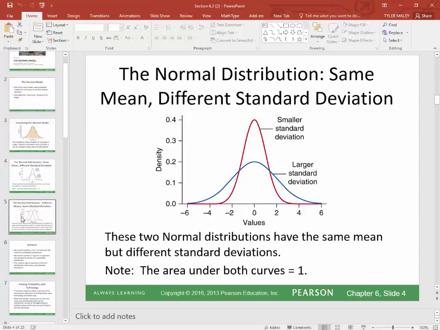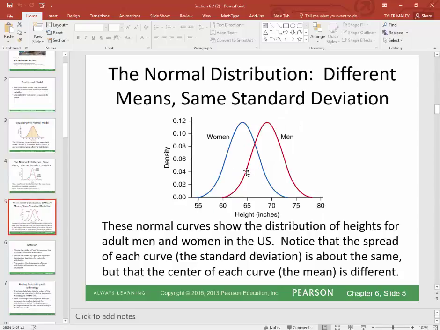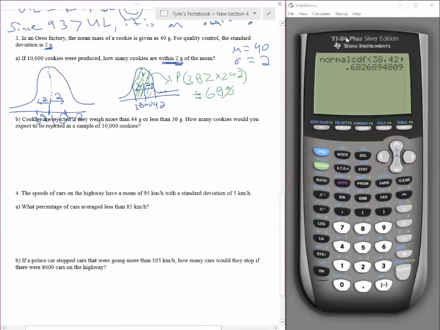And then number 5: changing the mean but keeping the standard deviation the same, the shape remains the same, but it shifts the curve left and right. All of those things change how the area looks. That's why we have to specify in our calculator the mean and the standard deviation every time. That's one of the inputs that we need.